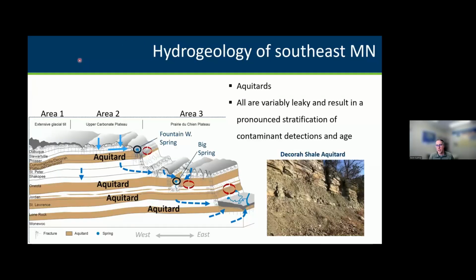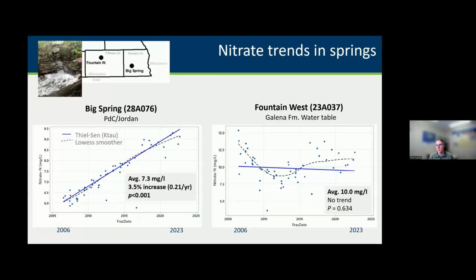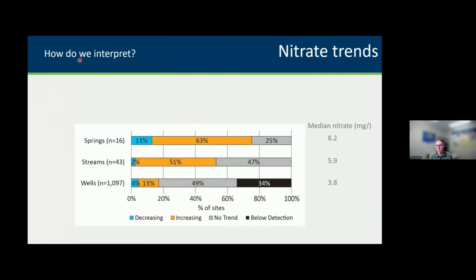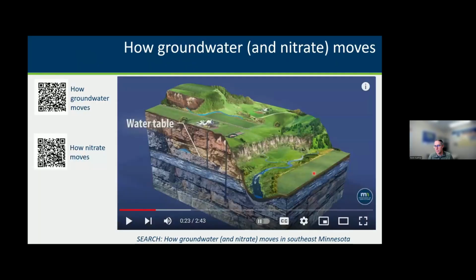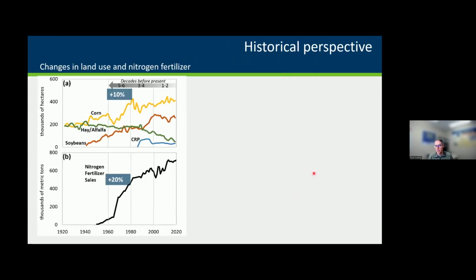Yeah, so if I go back, so our median concentration, well, I'll kind of show this first. Our median concentration from spring streams and wells in the Driftless area ranged from around 4 up to about 8. And I don't know if I have that listed on here. I think I had it, but I could be wrong.